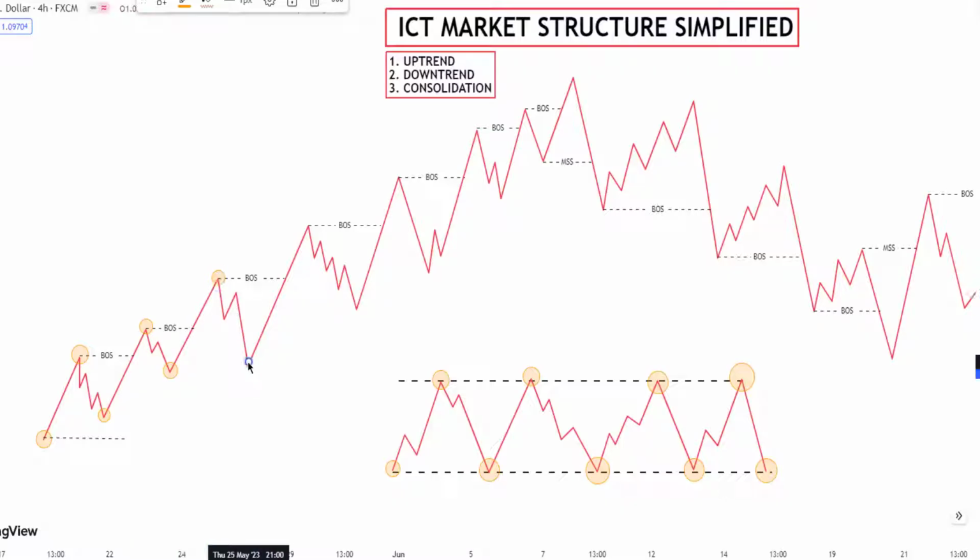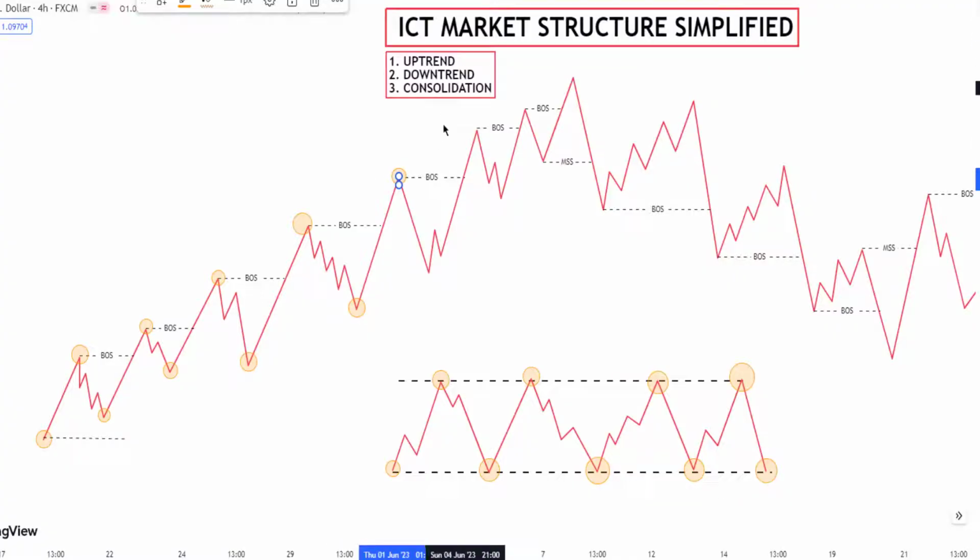And then retracing back to rest, bridging above his previous record, and then taking a rest. This is the range now. Moving above, breaking his previous record, break of structure. Moving again, breaking his previous structure, creating a new high.